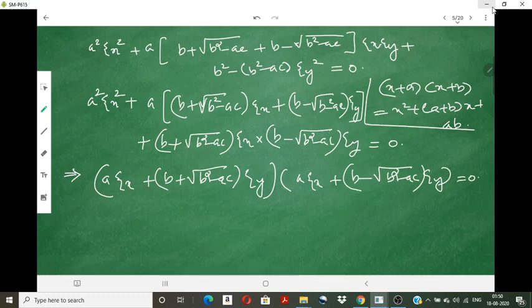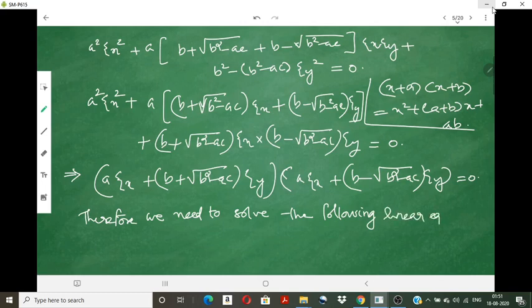So now we have written this as a product of two factors equal to 0, and solving each factor we will get the required functions theta and eta. Therefore we need to solve the following two linear equations.